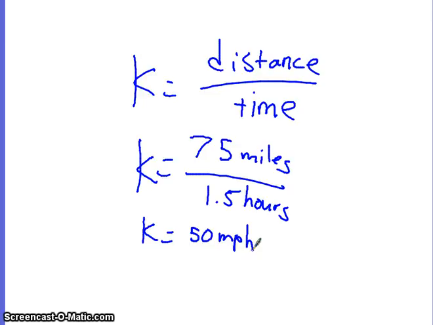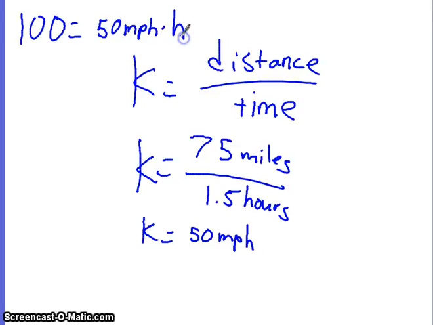Now, we want to know how long does it take her to drive 100 miles? So now we have distance. We know her distance is 100. We know her speed is 50 miles an hour.